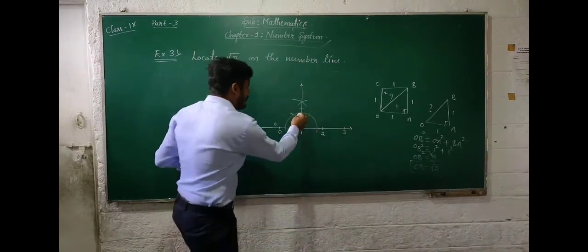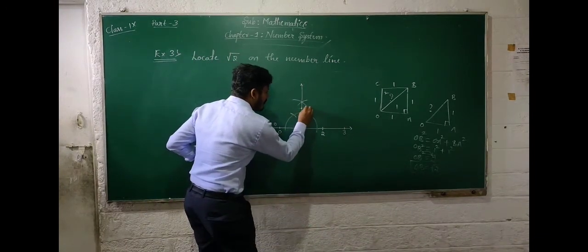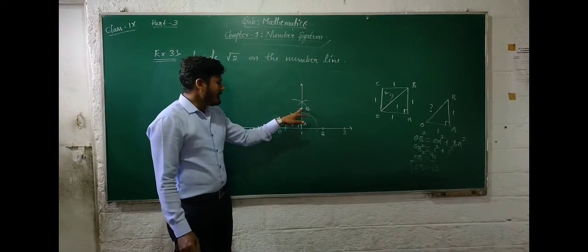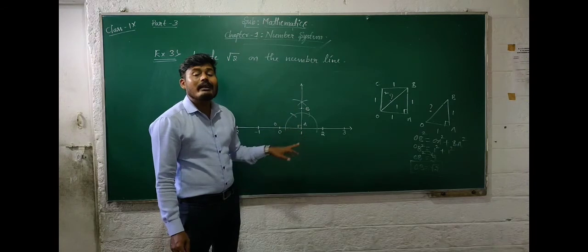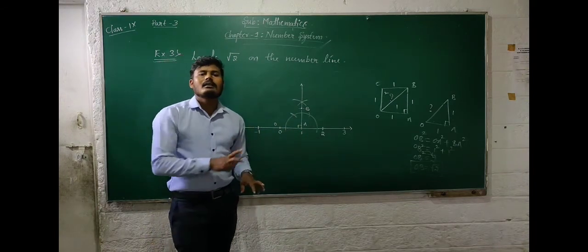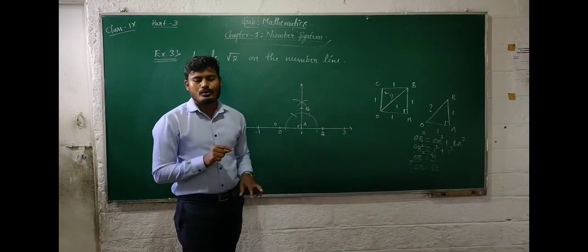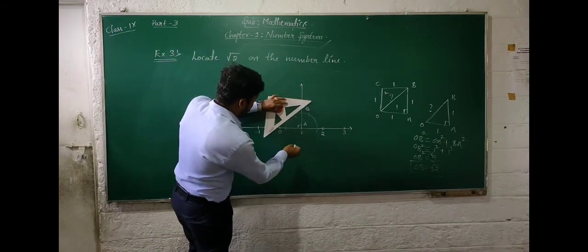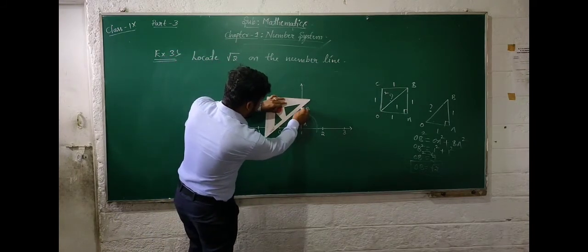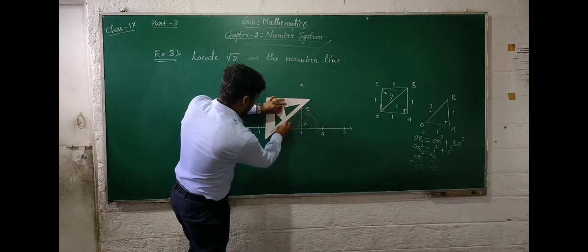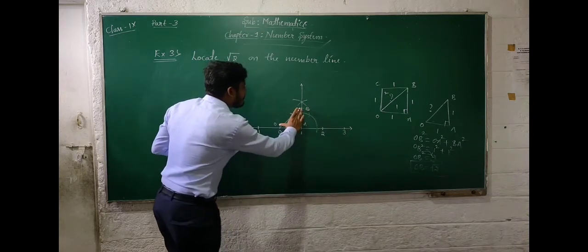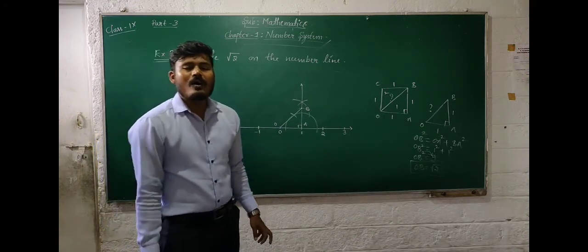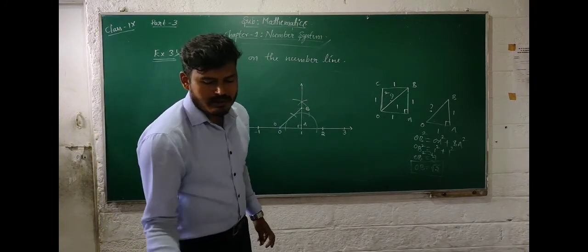Mark that point as B, then join OB, and you will get the exact value of root 2. Join OB. This length indicates the value of root 2.